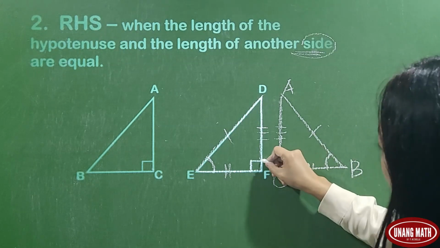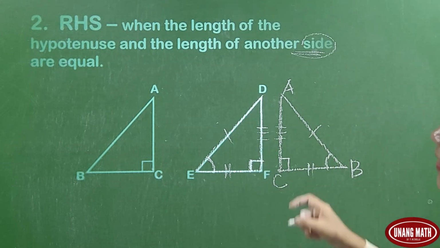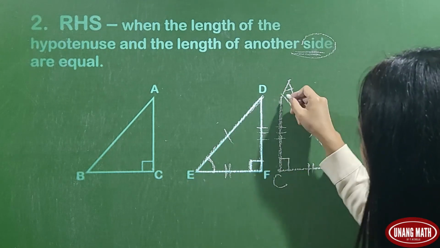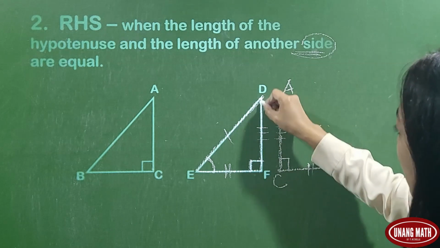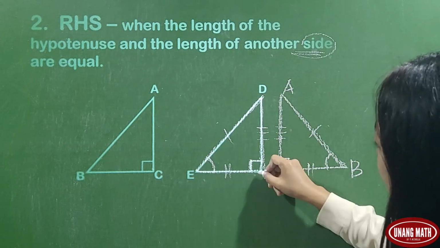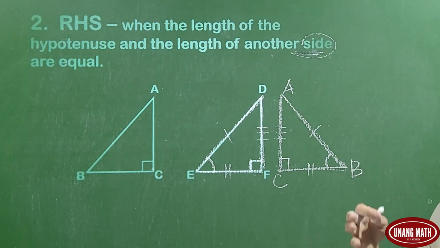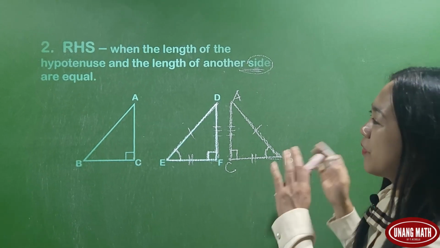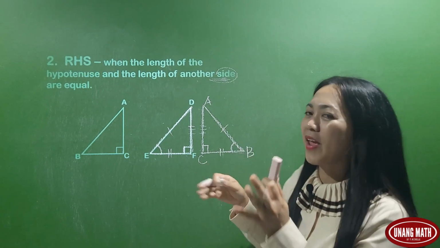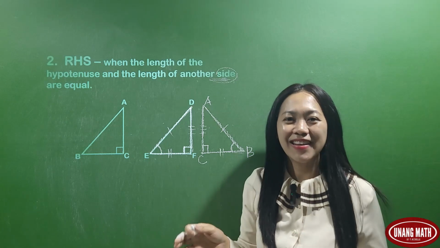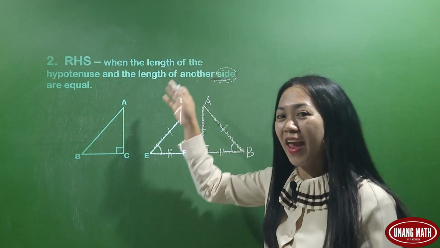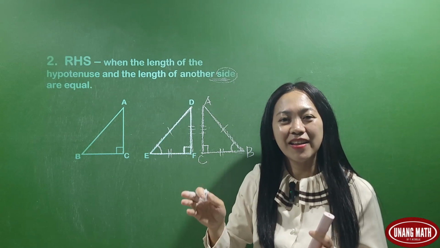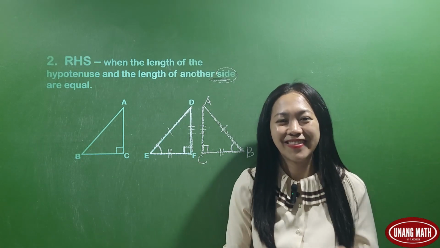So we have here right angle, hypotenuse, and another side, and these sides are equal. So if we are dealing with right triangles, it can be RHA or RHS congruence.